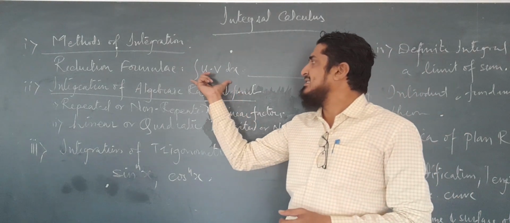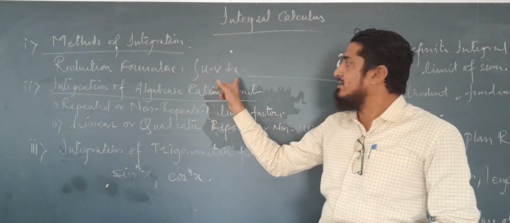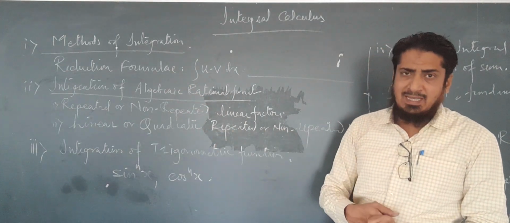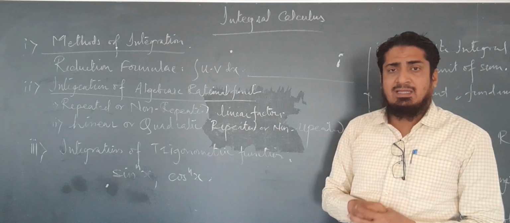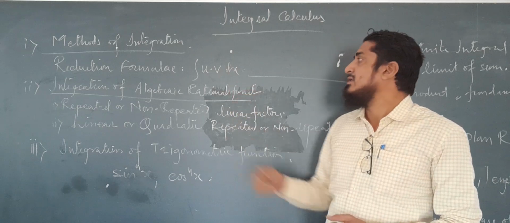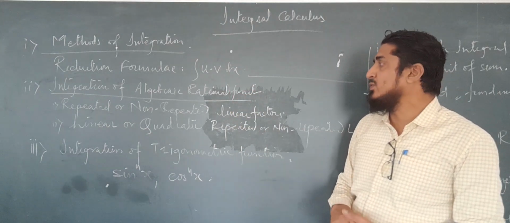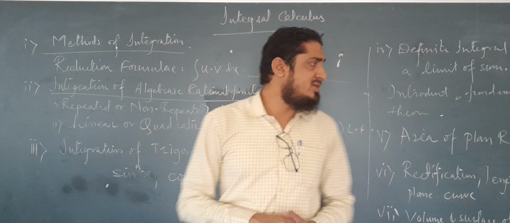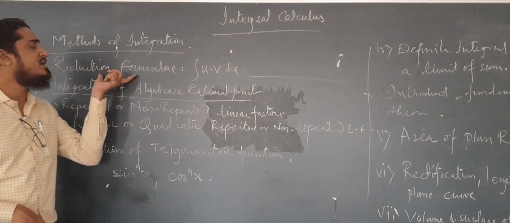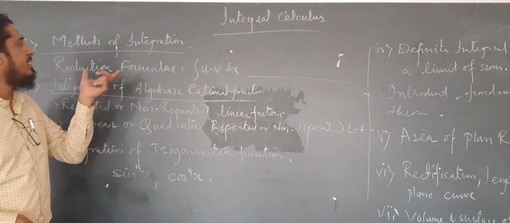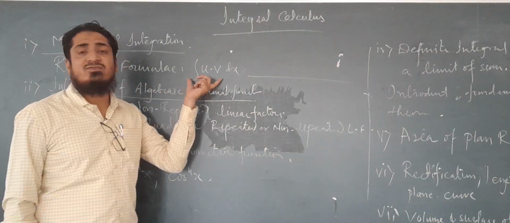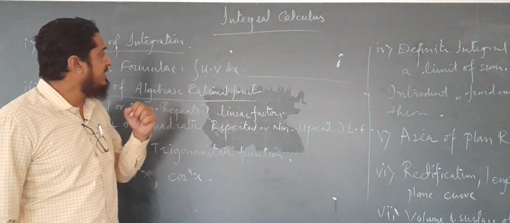By this expression we will understand that there are two functions in multiplication, and we have to calculate the integration of those functions and reduce the degree. So we will see in the next lecture how to solve integration by using the reduction formula.